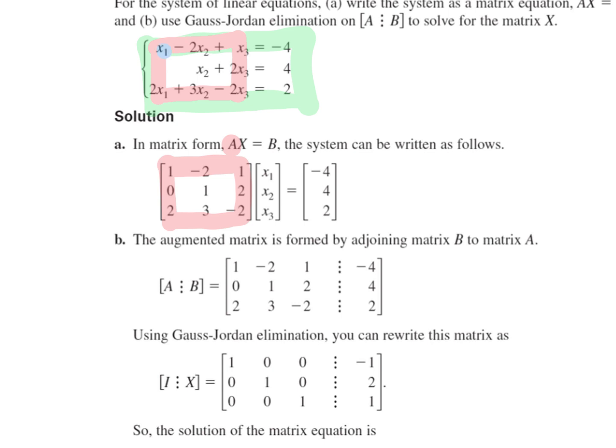Then the variables x1, x2, x3 become the variable matrix, which is called x. And this results in what the equation equals. And then what we did is we took that whole thing and augmented it right here, and we made it one matrix. And then we were doing row reduction. And so when you do row reduction, x is -1, y is 2, z is 1. You've solved the system.